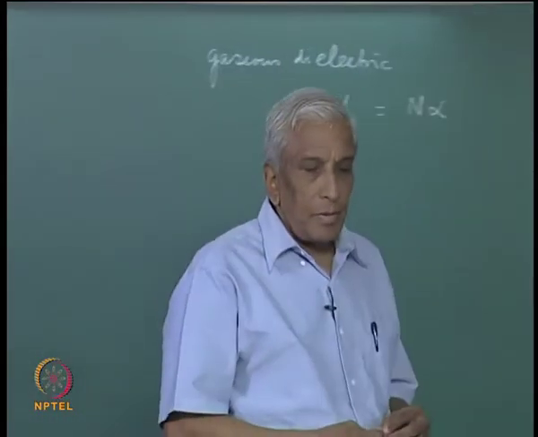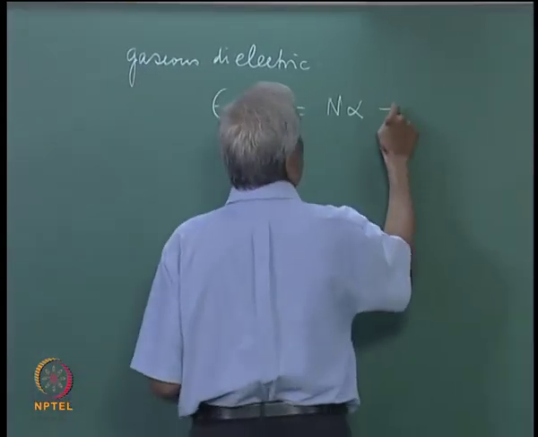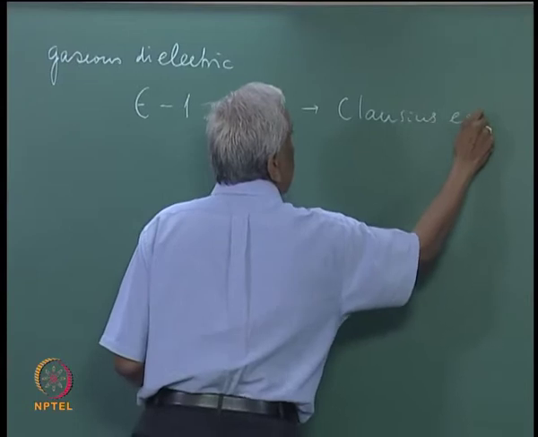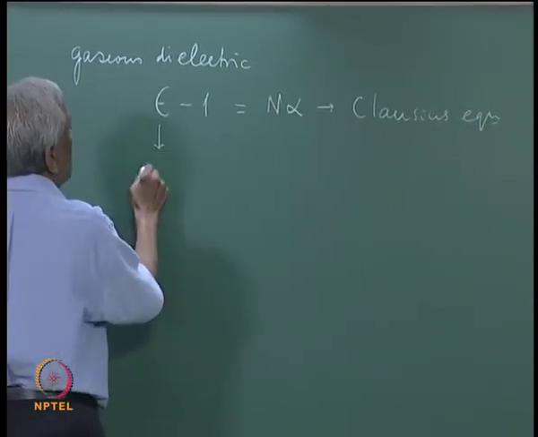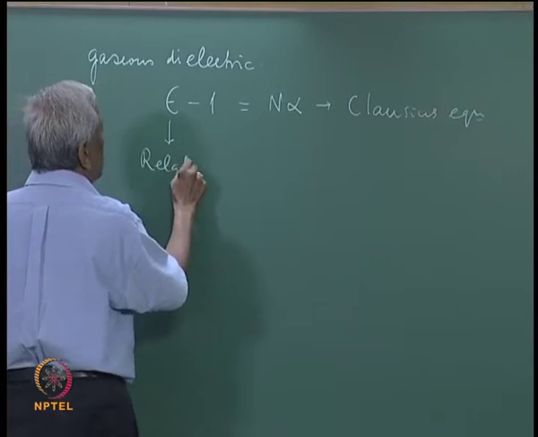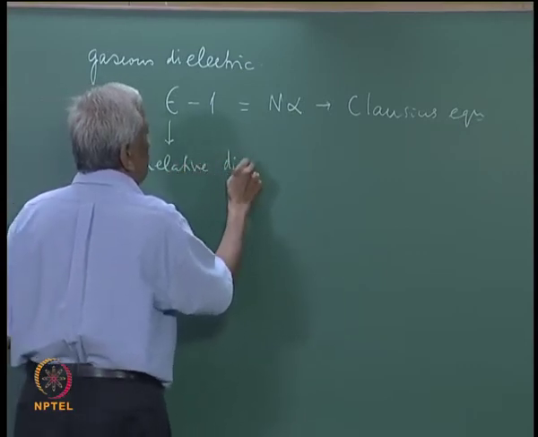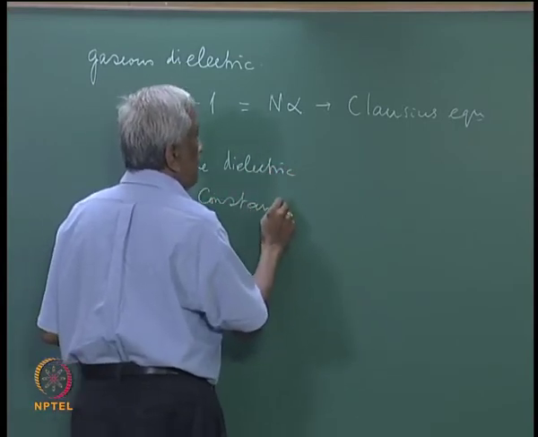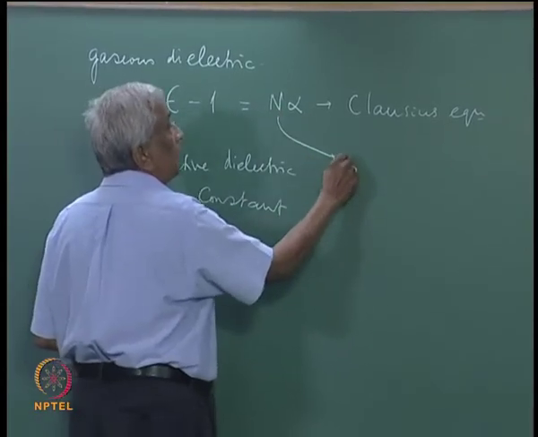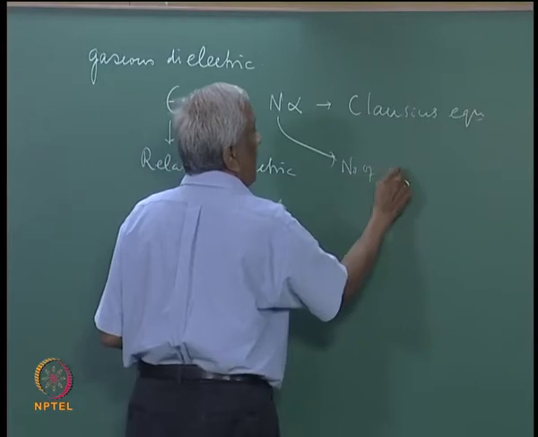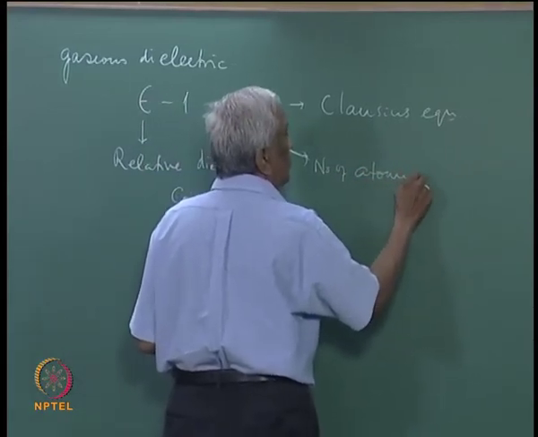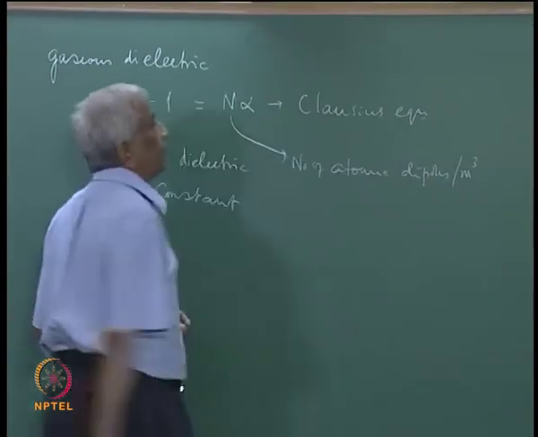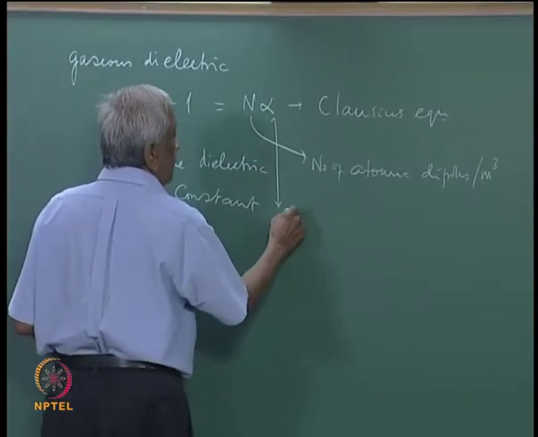This is known as the Clausius equation. Here epsilon is the relative dielectric constant, n is the number of dipoles, atomic or molecular dipoles, per meter cube, and alpha is the polarizability.